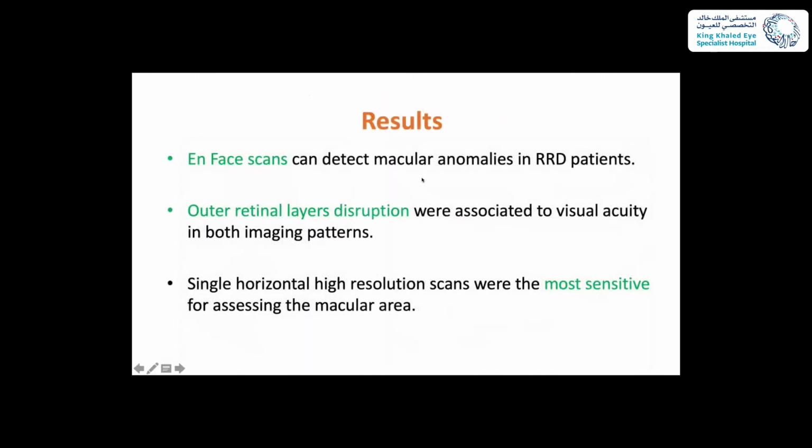So the conclusion in our study was the fast scans can detect macular abnormalities in retinal detachment patients, and the outer retinal layers, as you will see all the time, is the feature most associated with visual acuity in both imaging patterns. So the patients that have these outer retinal layer abnormalities are the patients that have low visual acuity. And we found that single horizontal high resolution scans were a little bit better, or more sensitive, to assess the macular area compared to the C scans.